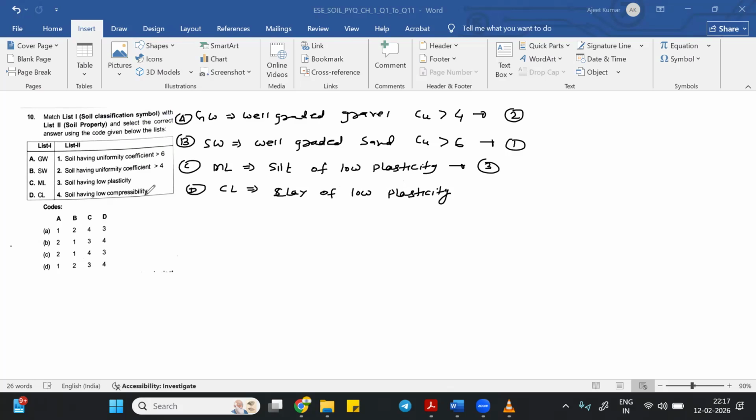So in terms of compressibility, clay will be less compressible than silt. Okay, so clay of low plasticity and soil having low compressibility.